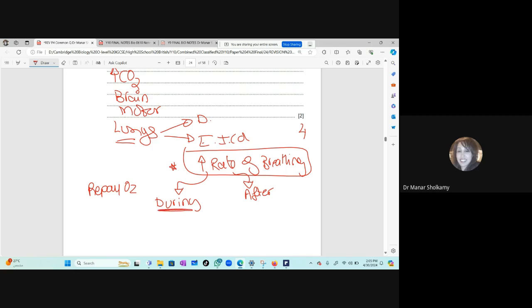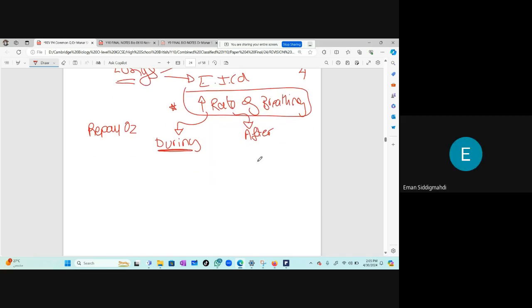During exercise, your breathing rate will increase, of course, and depth. Why? For oxygen for aerobic respiration to produce energy. Very good. Do you say get rid of lactic acid? No, we say it if we are asked after exercise. This is the point I wanted to specify.